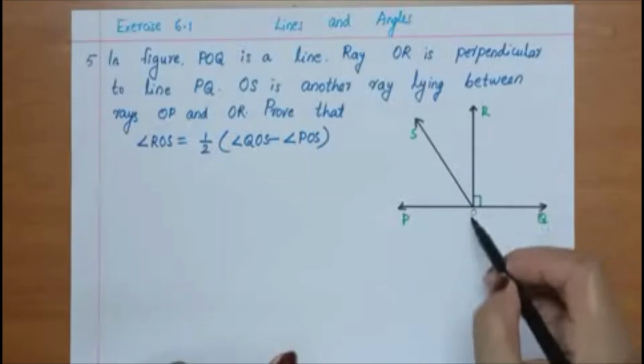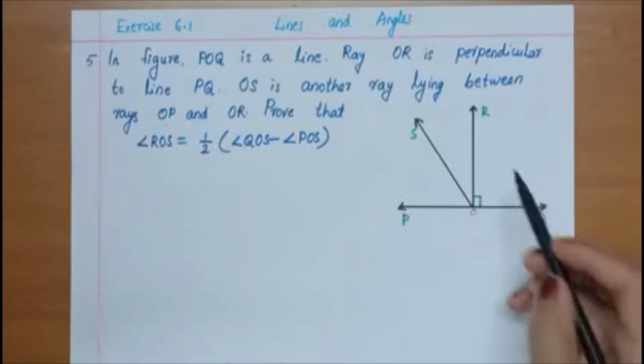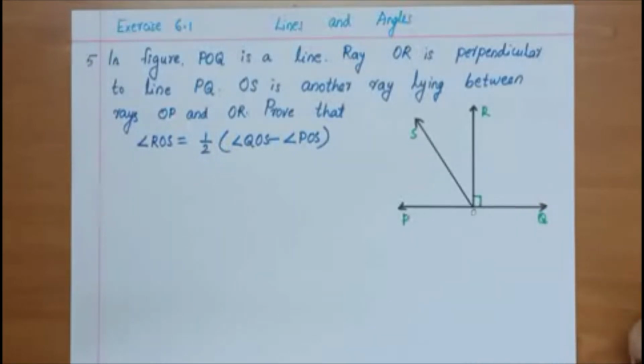That means angle ROQ and angle ROP are 90 degrees, because RO is perpendicular to PQ.